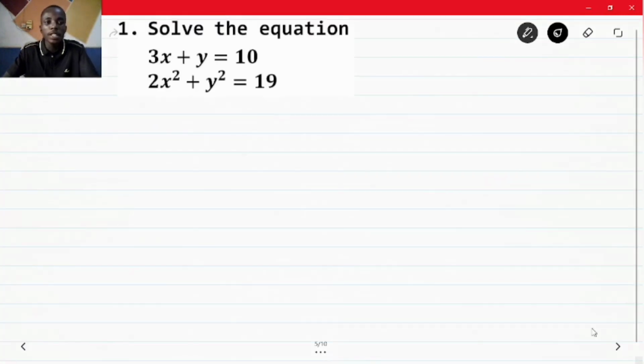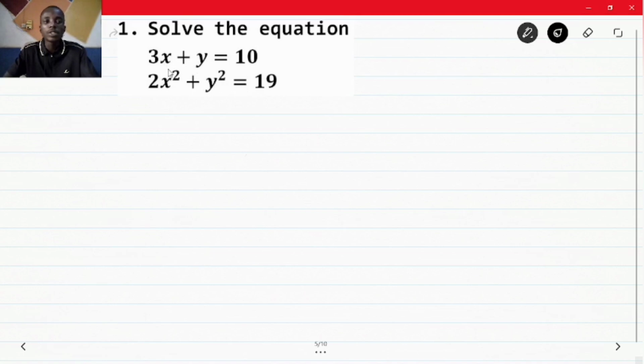The first one here is: solve the equations 3x plus y equals 10 and 2x squared plus y squared equals 19. When we see solve the equation in mathematics, it means that there is an unknown that needs to be found, and the unknowns here are x and y.